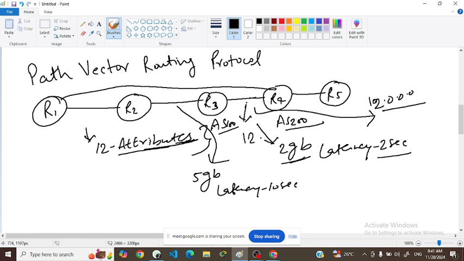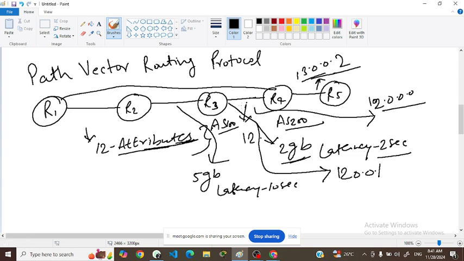For my R4, for the 13th network, suppose this interface is 2, it will tell R1 that my next hop IP for the 13th network is 13.0.0.2. For the 12th network, my next hop IP is 12.0.0.1 for this interface.